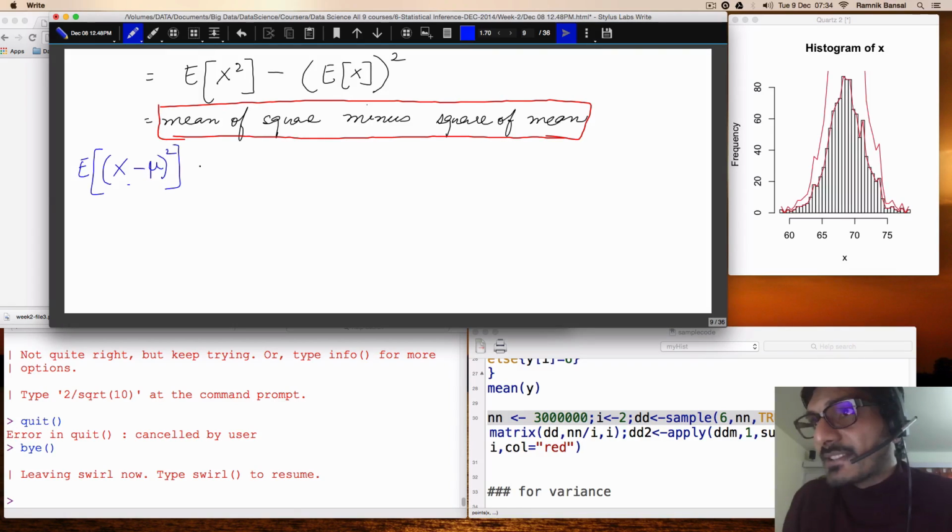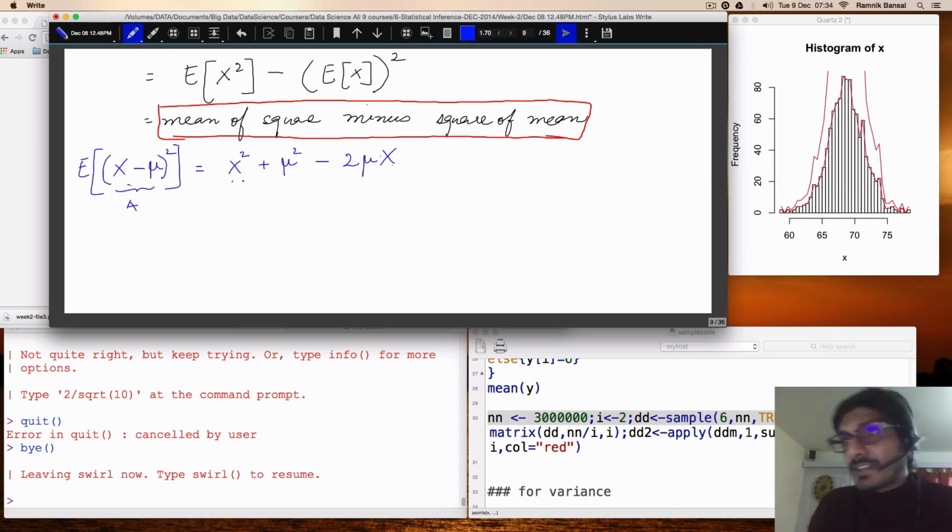Now I can expand this. So I'm just focusing on this right now. Let me call it a. So this is x square, plus mu square minus 2 into mu into x.